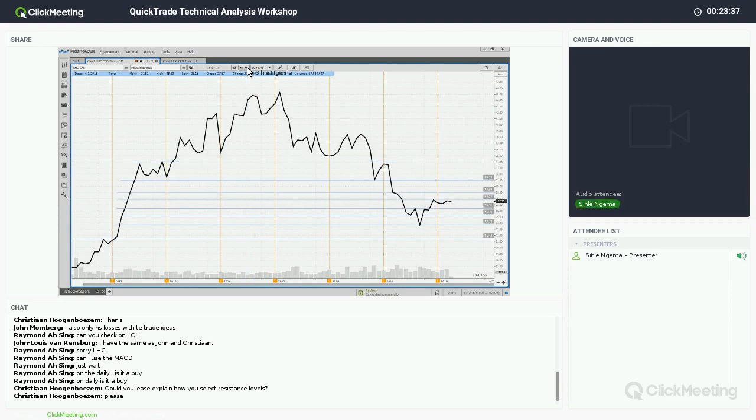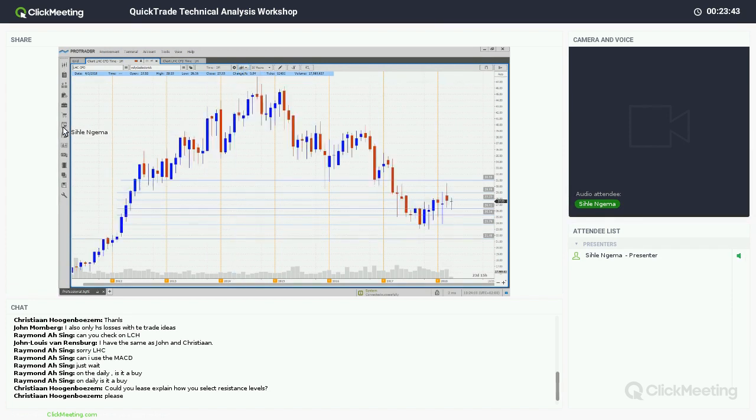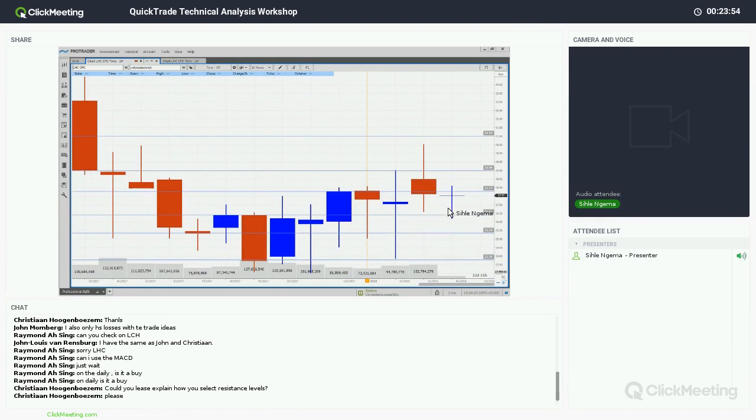Once I've marked all these levels using the line chart, I then change over to candlesticks, or candles. Why do I change back to candles? I'm looking for the tails. Basically, I'm looking for the tails. You see these tails, these sticks. Some call them shadows, some call them wicks, some call them tails, sticks, whatever.